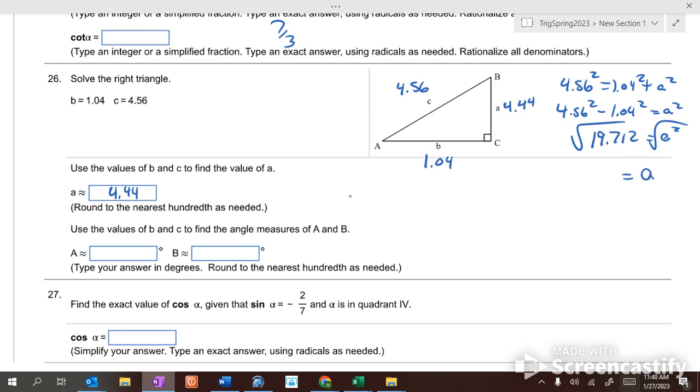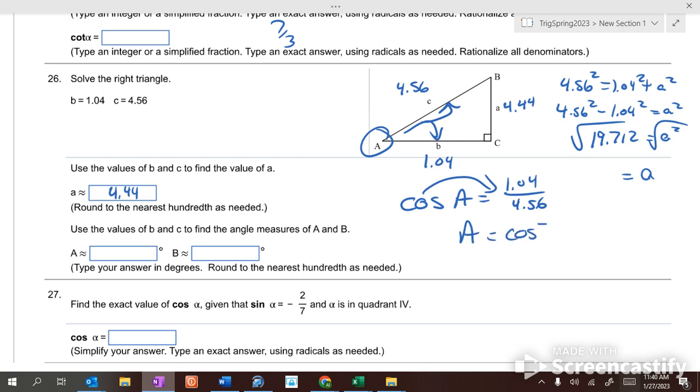Now to find angle A, we have the adjacent and the hypotenuse. Adjacent and hypotenuse is cosine. The cosine of angle A is 1.04 over 4.56. So we need to move the cosine to the other side, so it becomes the inverse cosine, or second cosine, of 1.04 over 4.56.